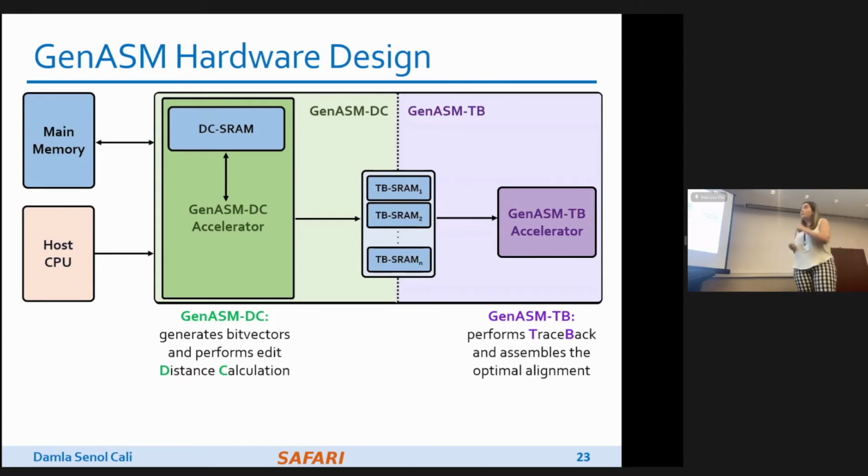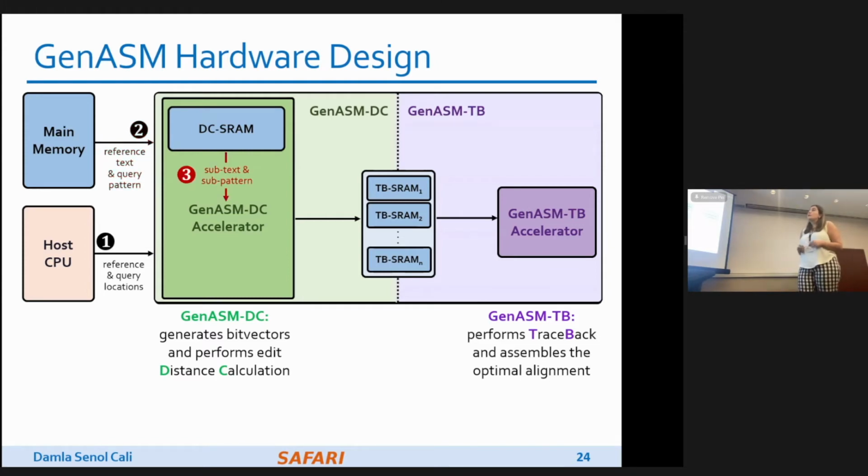Let's look at the overall flow of Genome. So we start with the host CPU providing the reference and query location information to the Genome. And then Genome DC fetches this text and query that we will perform the approximate string matching operation into DC SRAMs.